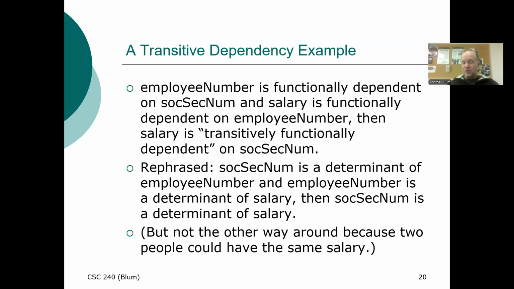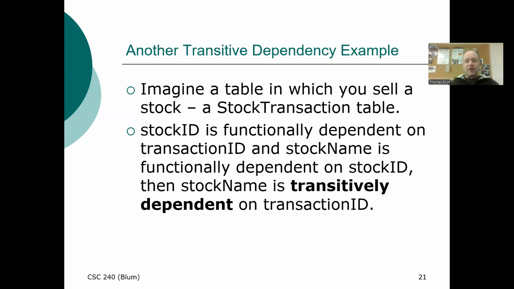Or we can turn it around and talk about determinants: the social security number is determinant of the employee number, and the employee number is determinant of the salary. Therefore, the social security number is determinant of the salary. But again, not the other way around. Two people might have the same salary, so knowing their salary does not determine their employee number or their social security number. Okay.